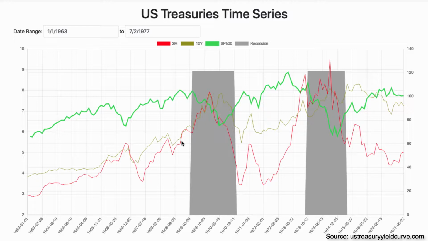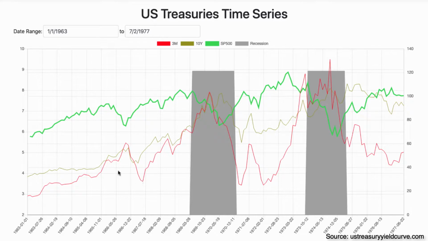Another interesting thing to note about this red line is that the 3-month Treasury usually trades pretty close to the 1-month Treasury, and the 1-month Treasury usually goes pretty close to the federal funds rate, which is set by the Federal Reserve.